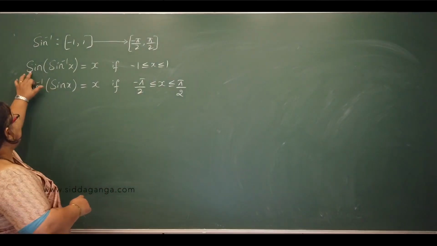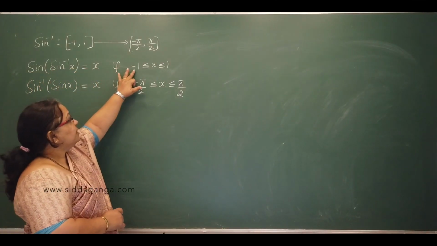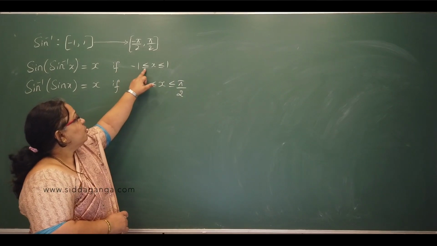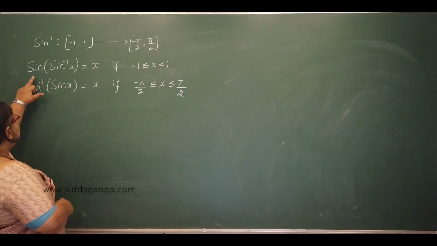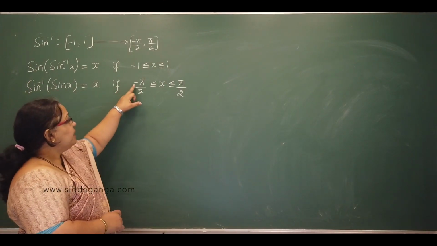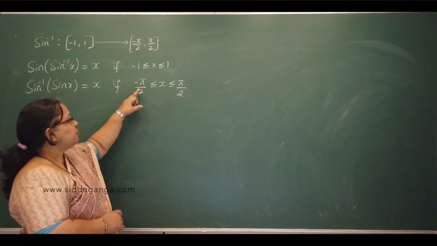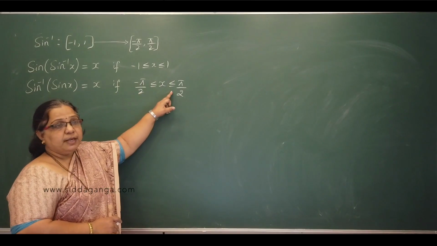That is, sine of sine inverse x is equal to x if x belongs to the closed interval minus 1 comma plus 1. Sine inverse of sine x is equal to x if x belongs to the closed interval minus pi by 2 comma plus pi by 2.